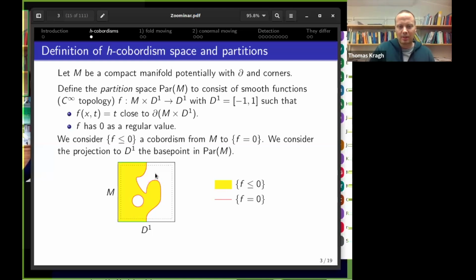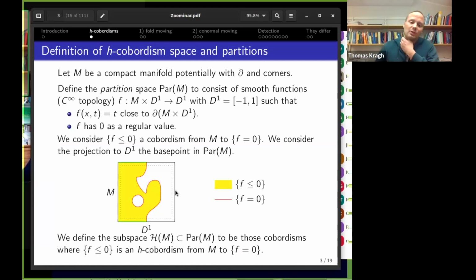I should say, the reason Waldhausen called them partitions is, of course, because it partitions this M cross D1 into two pieces. The piece I call the actual cobordism I care about, and then the other side, which is also some sort of cobordism. In fact, it's something like the dual cobordism, but that won't matter today.